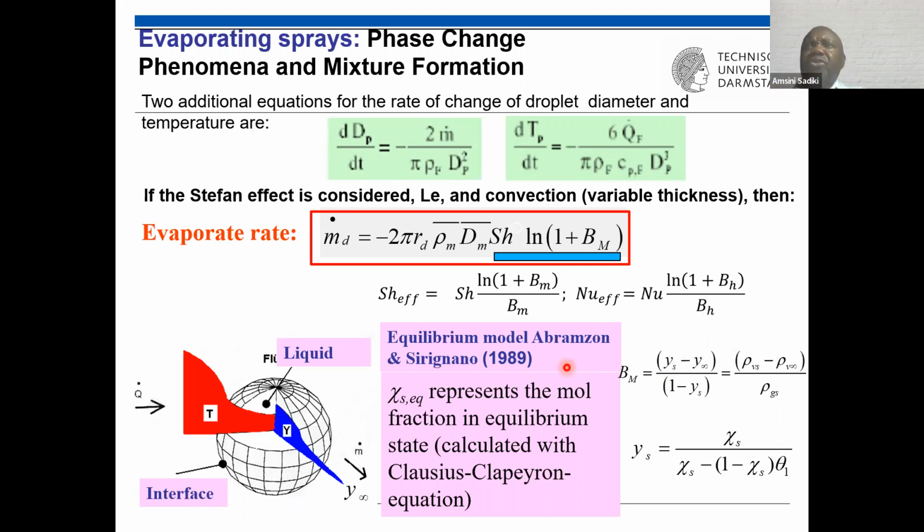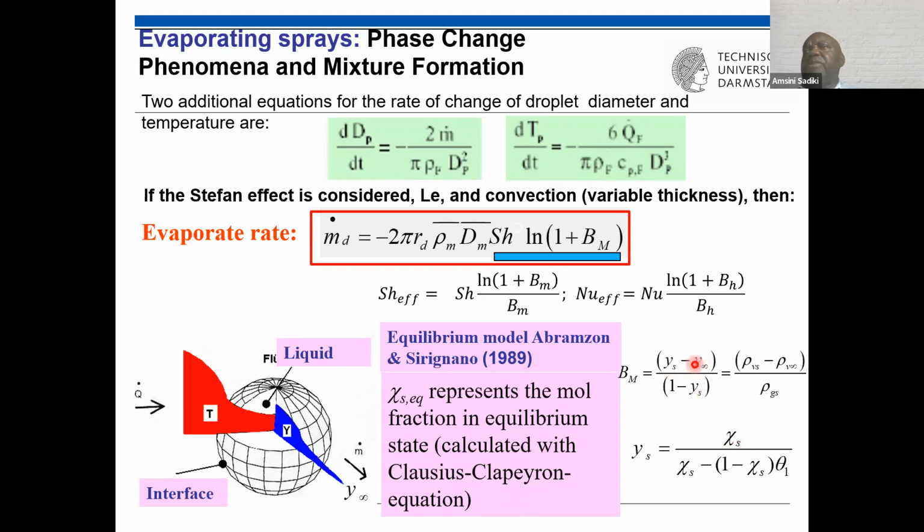Here I introduce the equilibrium model by Abramzon and Sirignano, in which the mass fraction at the interface is given by the mole fraction in the equilibrium state, which is calculated with the Clausius-Clapeyron equation. So we have this equation and this mole fraction, and if we put it here, we have this value.